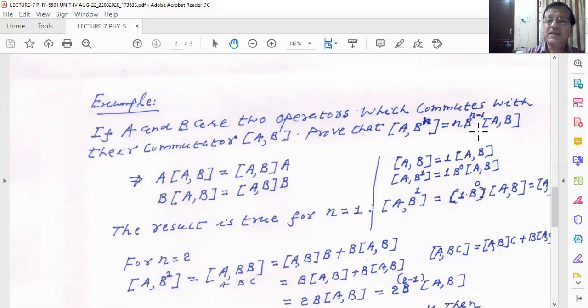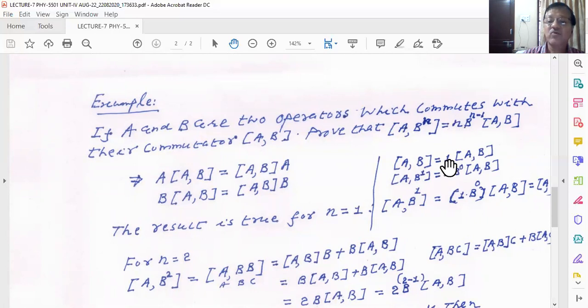So I can take this analogy first. First I take the commutator of A and B. I can write this commutator of AB simply as 1 into the commutator of AB, and this 1 is B to the power of 0. Now you can compare this rule: in A with B to the power of n, here n is equal to 1.